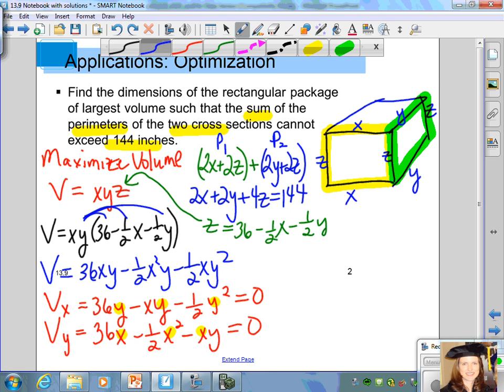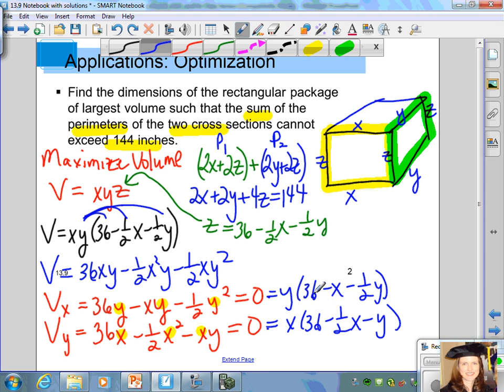If you factor out the y, you get y times (36 minus x minus 1/2 y). And if you factor out the x from the partial with respect to y, you get x times (36 minus 1/2 x minus y).